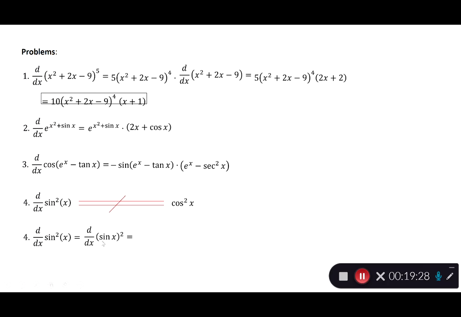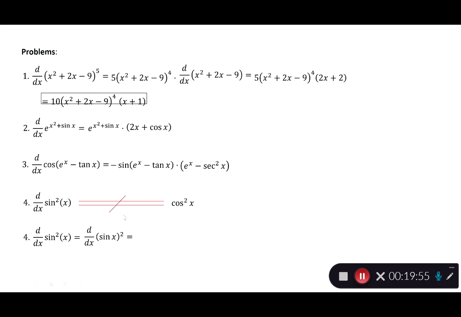This should look to you like u square. Just as the first problem, this looks like u to the 5 with u being this polynomial. Here, the u happens to be sine x. Okay, so ddx of u square. Well, then we are in business. ddx of u square. Oh, piece of cake.